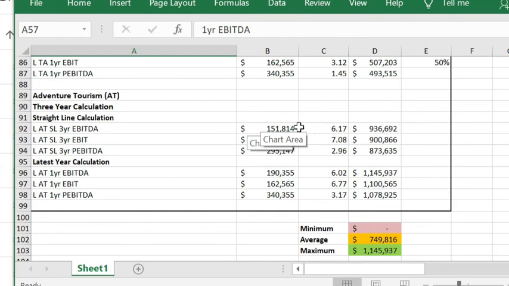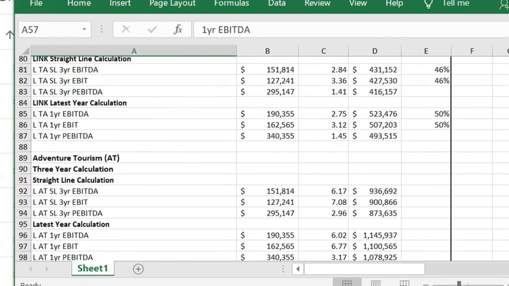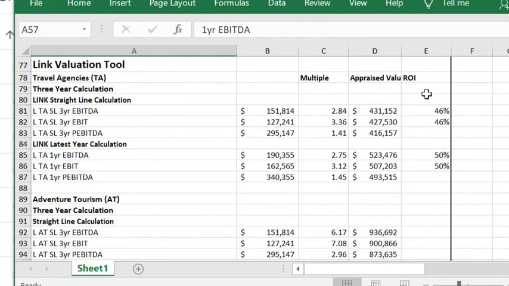So if we were looking at adventure tourism, we're looking up here at a range of 873 right through to just over $1 million based on a straight line calculation or a latest year calculation, whereas the numbers that we were seeing for a travel agency based on his valuation tool and the nature of my business were quite a bit lower.